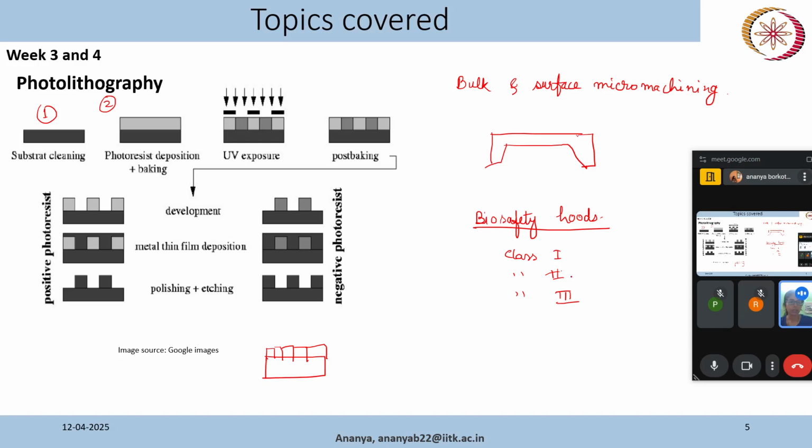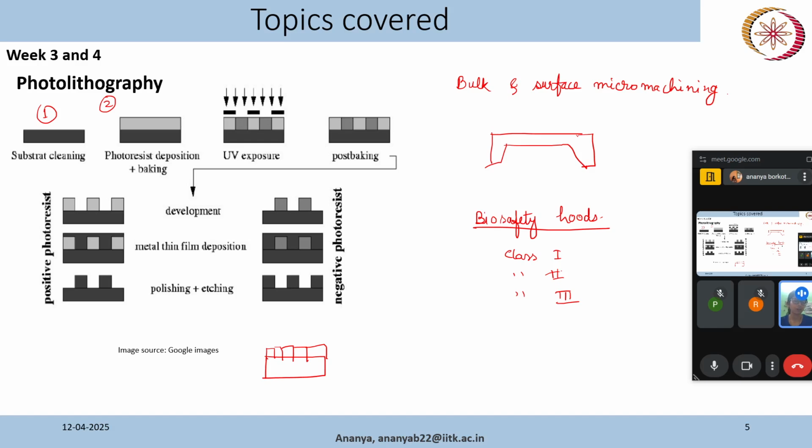But the difference between class 2 and 3 is that there are certain filters inside these biosafety hoods that clean the air, and some portion of the air will be exhausted and some portion will be reused. In class 3, the safety is highest, and that means it will not reuse much air; after filtration it will exhaust, and it will use new air for circulation.